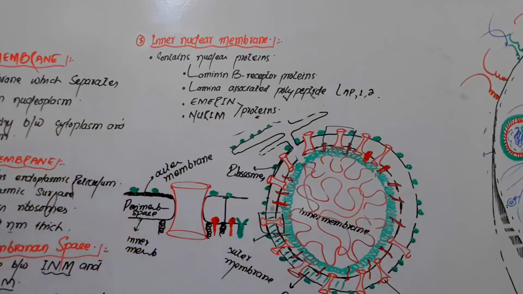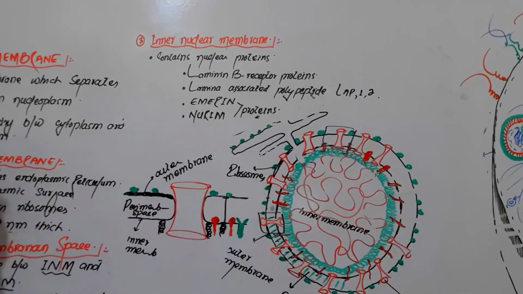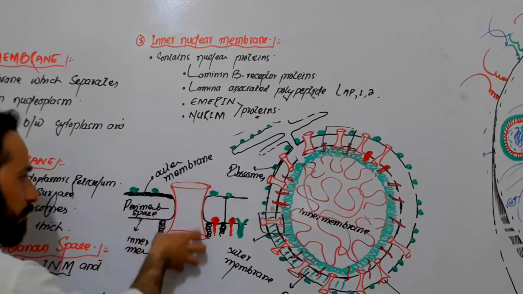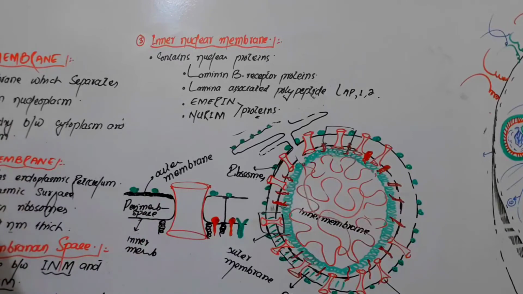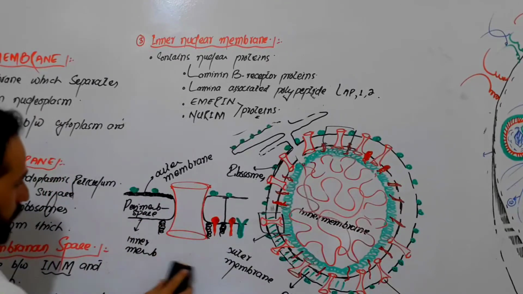Now the remaining thing is the nuclear pores, right? So let us see the structure of the nuclear pores and the composition of this nuclear pore. Let's write here nuclear pores.